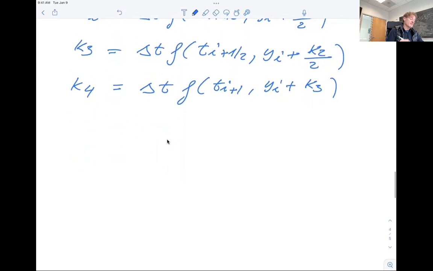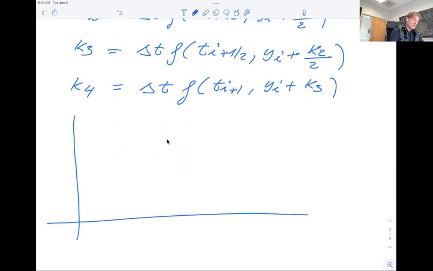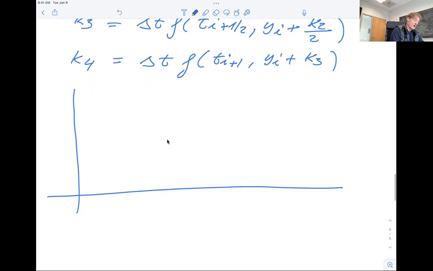So if we look at this from a graphical point of view, let's go back again to what we had in the RK2 method. So we have a t of i. We go to the midpoint, t of i plus 1/2, and then we end up with a final point, t of i plus 1.